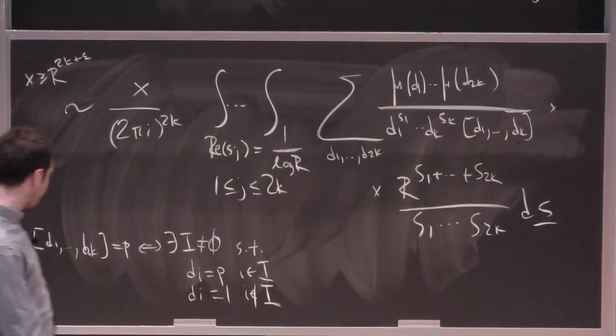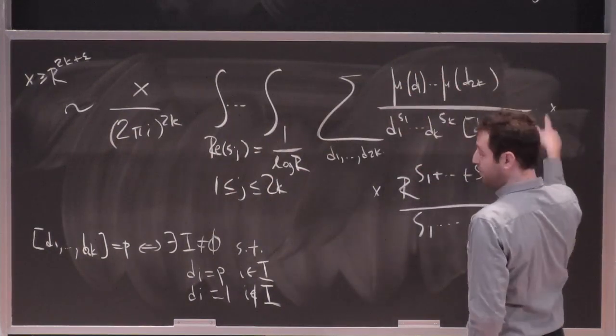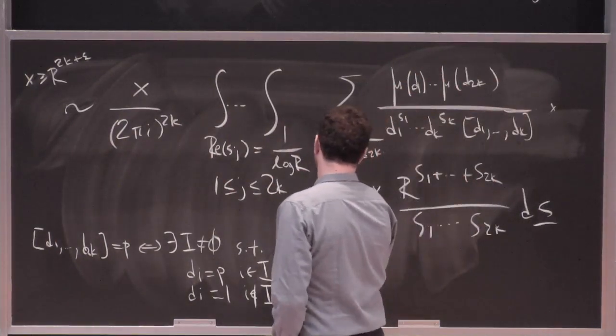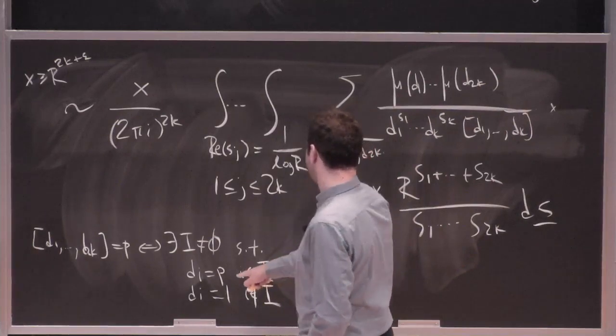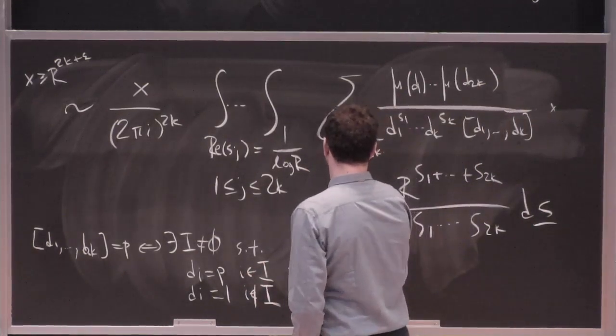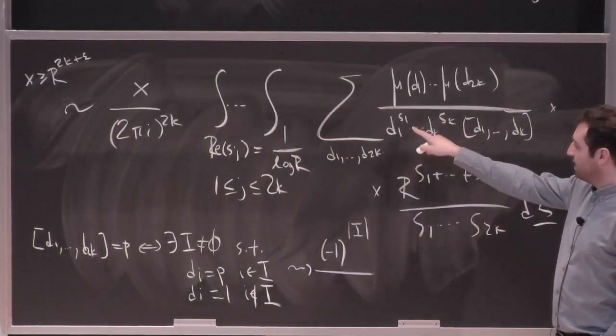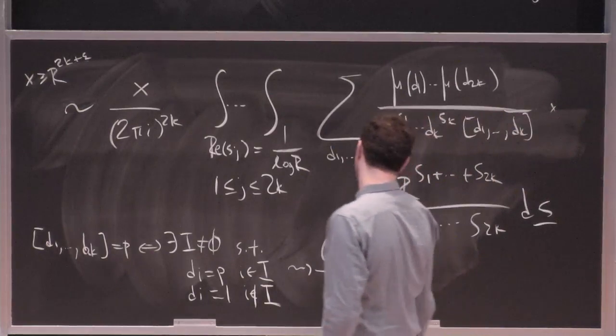And then what is this quantity then? It is minus 1 to the number of variables that are p, so to the |I|. And I get p, and p to the 1 plus the sum of the s_i's for i in I.